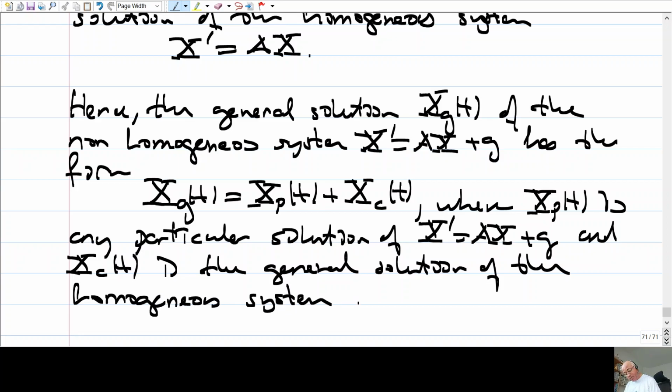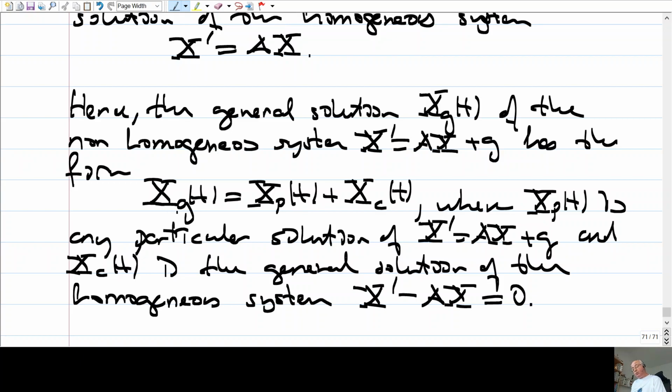Okay, the system x prime equals ax, or let me say equals 0. So the general solution of the non-homogeneous system has two parts. One part is just the general solution of the homogeneous system, plus a particular solution of the non-homogeneous equation.